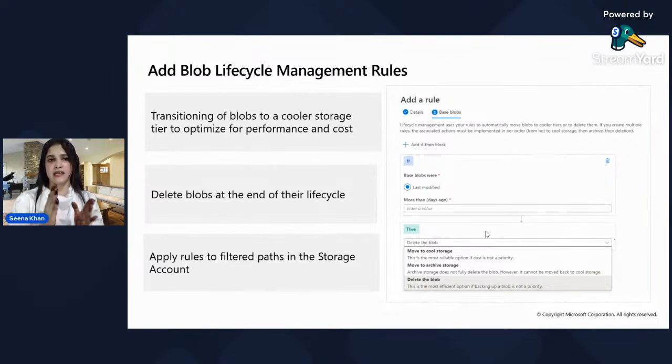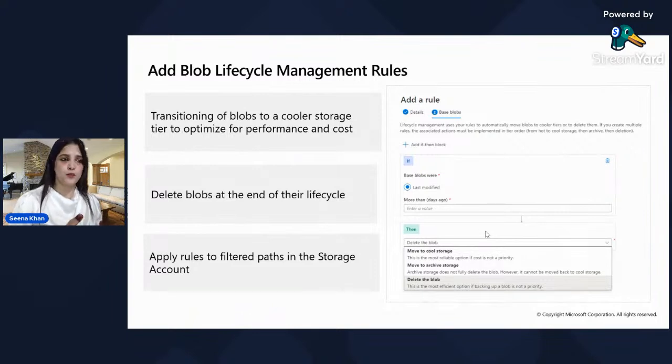As the data set ages, access to all of the data in the set tends to dramatically reduce. Some data stays idle in the cloud and is rarely accessed after it's stored. For that kind of data, we can provide an expiry date, and after the expiry date is met, we can configure where the data has to move. So here are the life cycle management rules we can use for it.